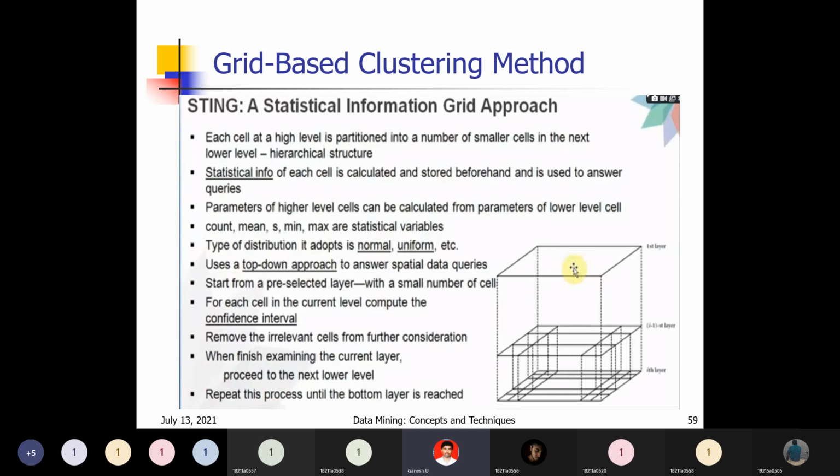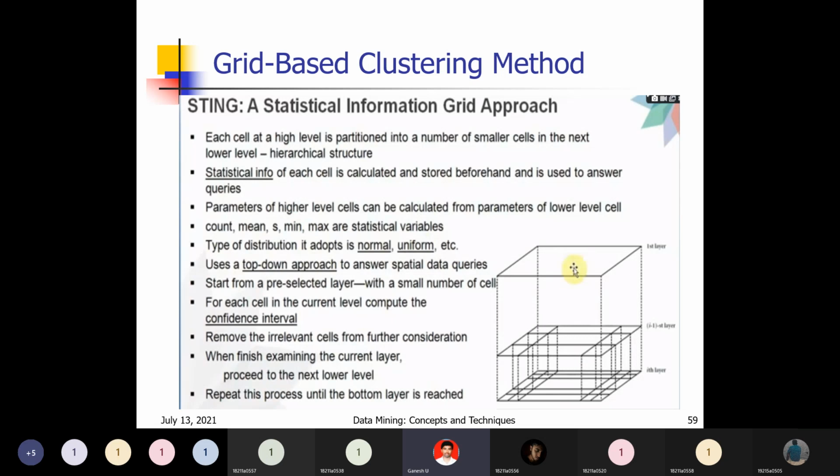Statistical information of each cell is calculated and stored beforehand and is used to answer queries. So at each and every small cell, small grid, we are storing statistical information. Any queries we apply or give, we can get answers for those queries using the statistical information.